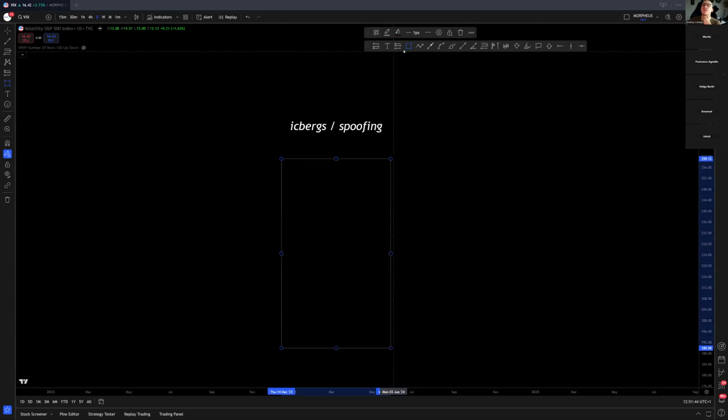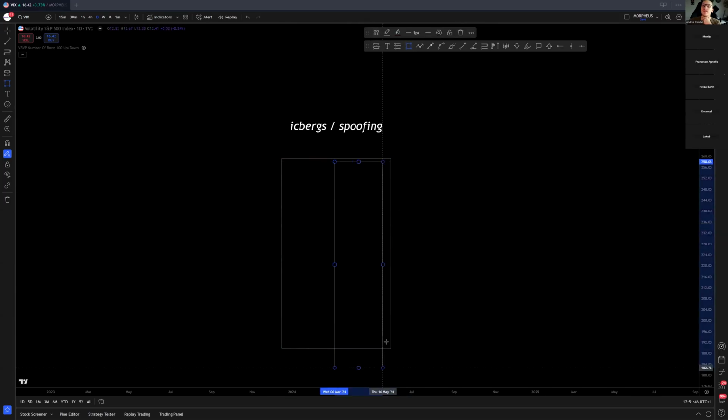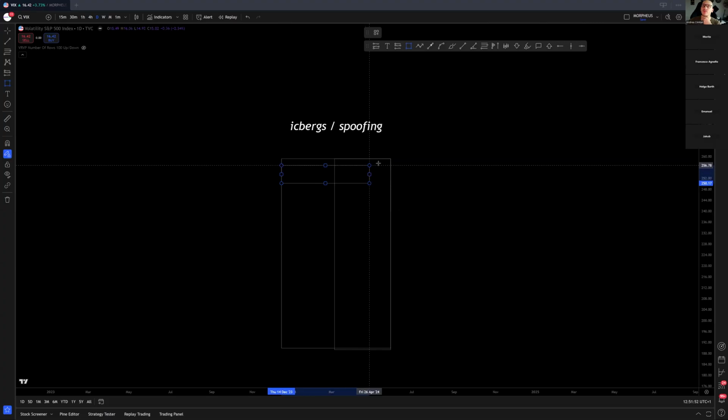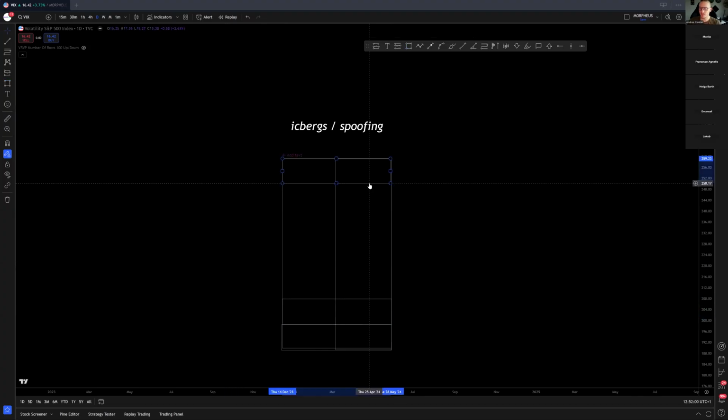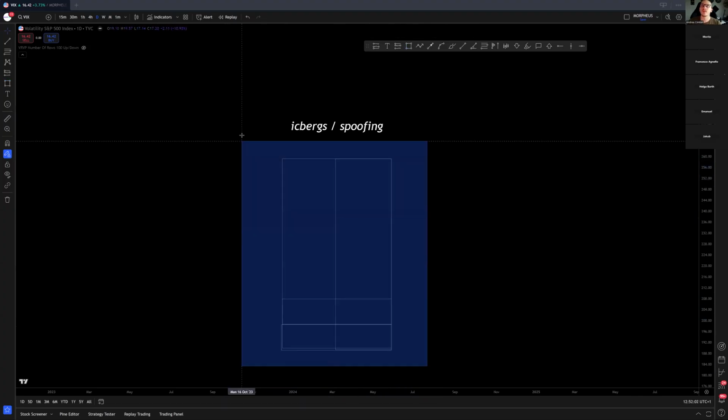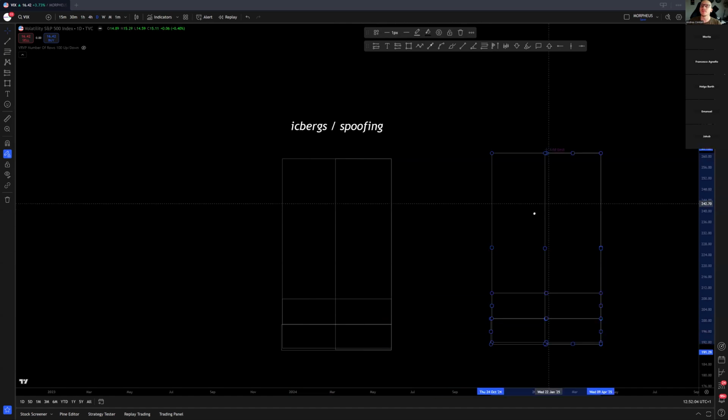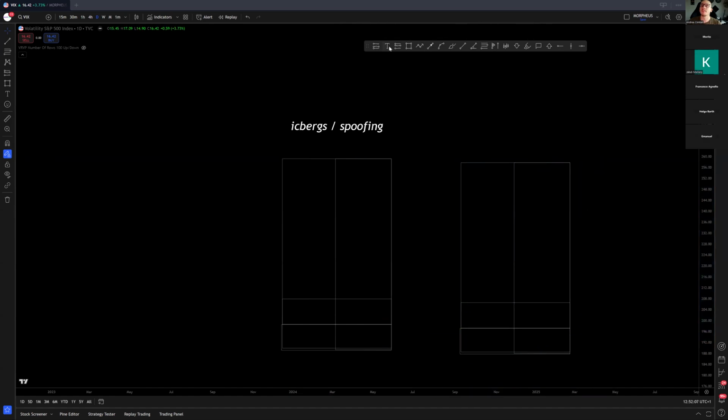Let's make it simpler this time so we don't have to draw. I'm sorry, I have this occupational hazard, and I always draw on TradingView for some reason. So let's have our book here. Pretend this is our book. And let's have our footprint here. Okay.